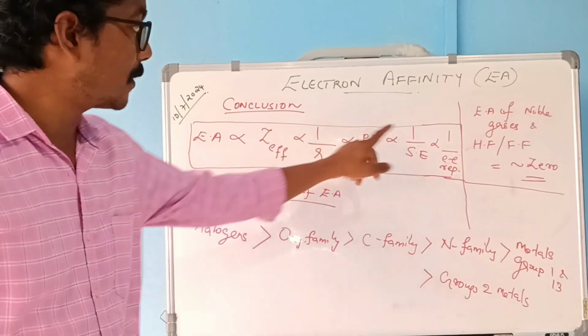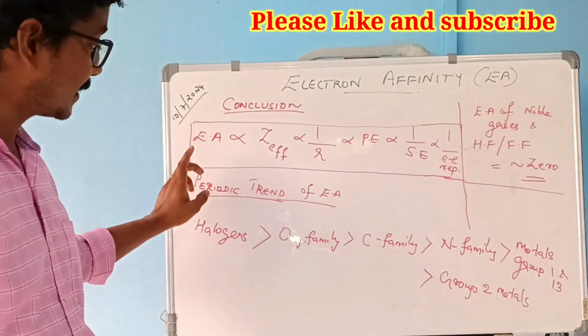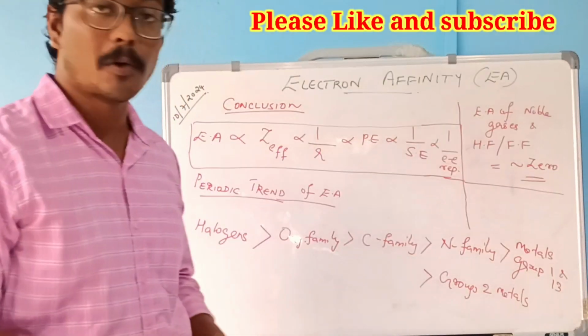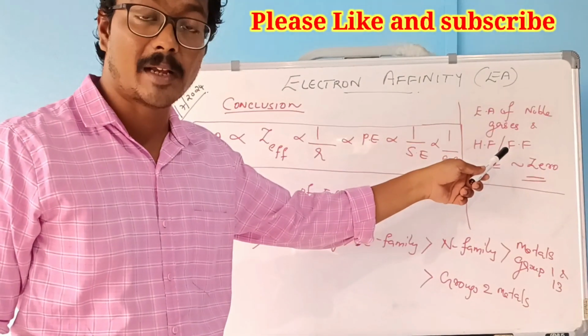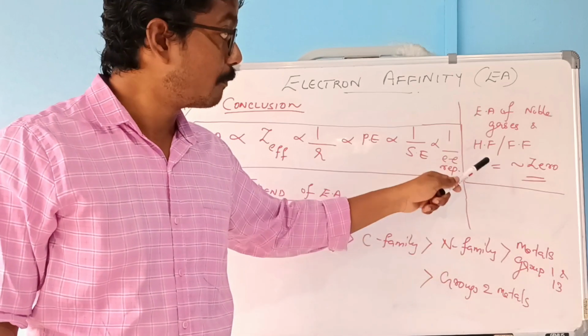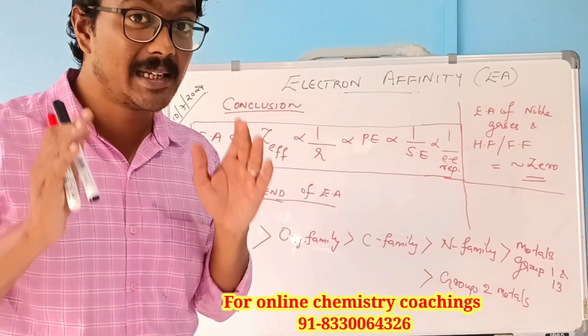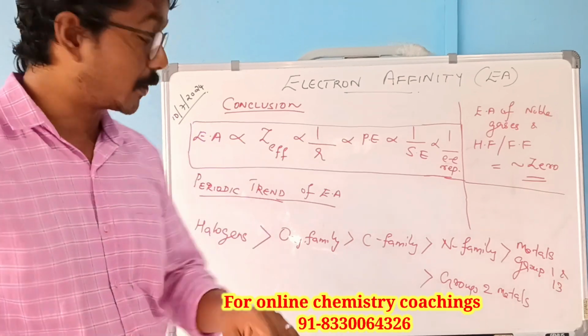You should note this for solving questions. Similarly, noble gases and elements having half-filled or fully filled electronic configuration possess zero electron affinity. They have very, very little tendency to accept an electron.